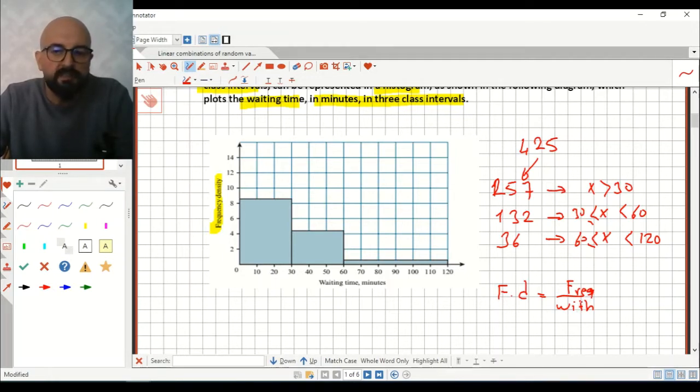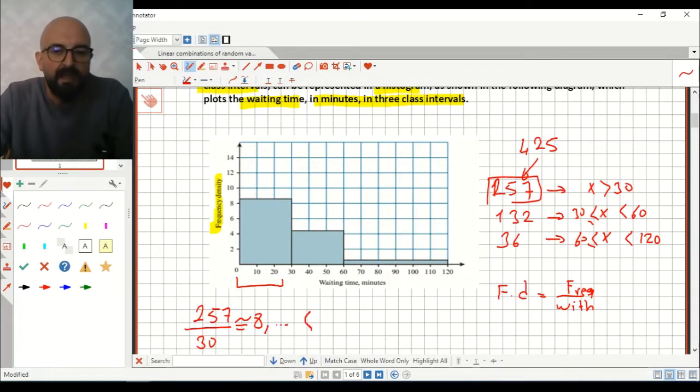So for the first class, 257 over width. Our width is 30 minus 0, so 30, and approximately 8 points.